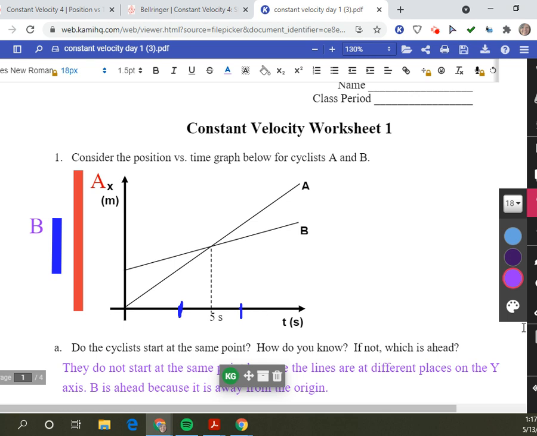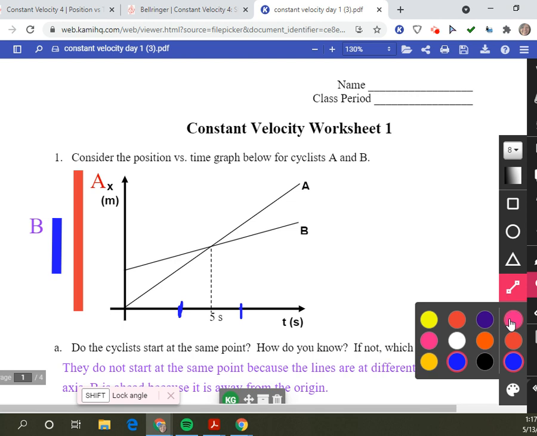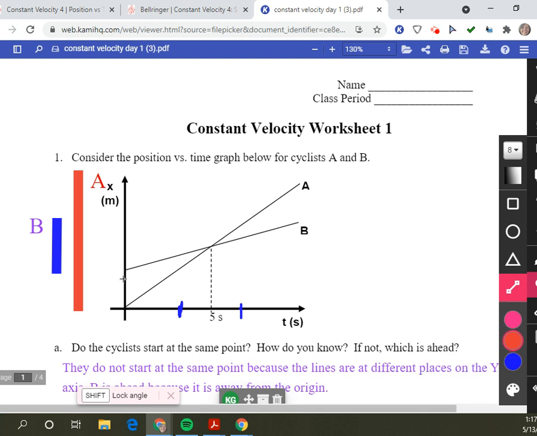Well, let's kind of look at this. Okay. So we'll get our red color for A. At 5 seconds, A has traveled this amount of space. But at 5 seconds, B has only traveled this amount of space.